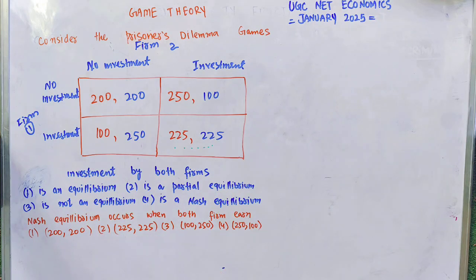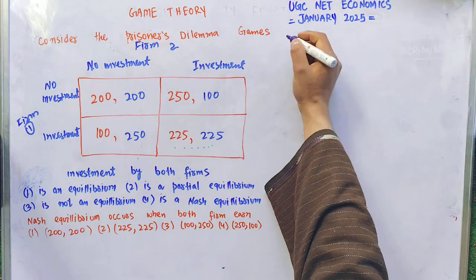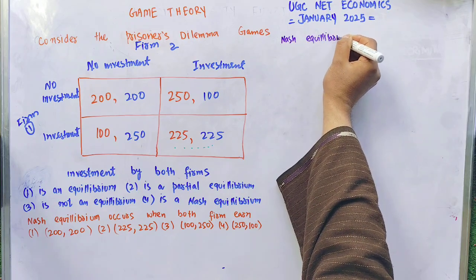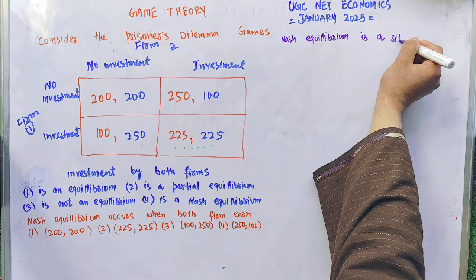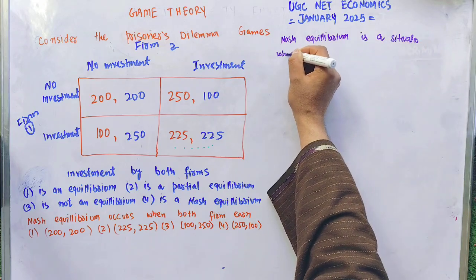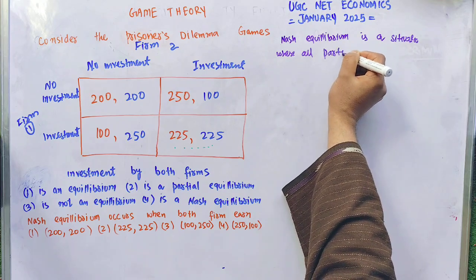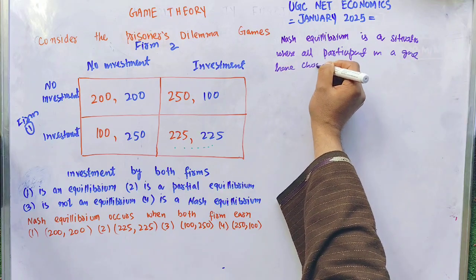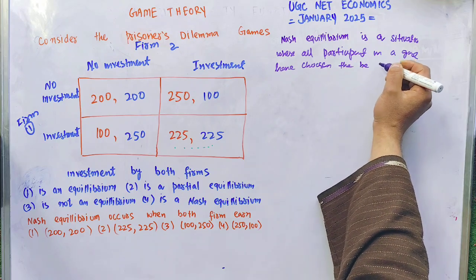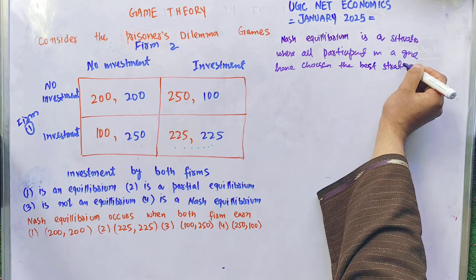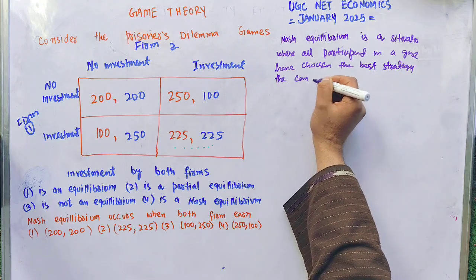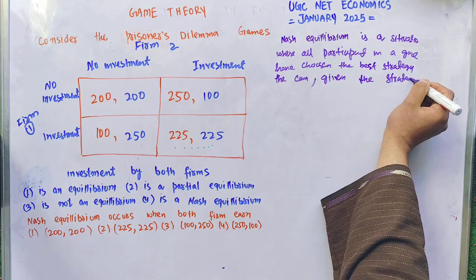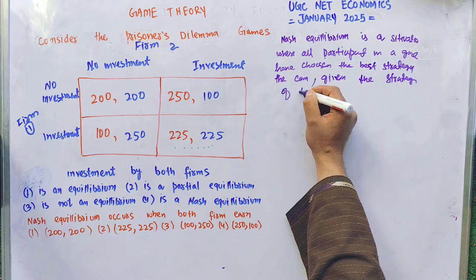Okay, if I write it, that will make more sense. Nash equilibrium is a situation where all participants in a game have chosen the best strategy they can, given the strategies of other players.